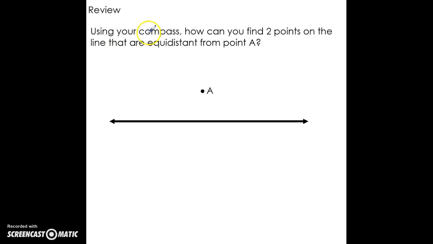Okay, a little review. It says using your compass, how can you find 2 points on the line that are equidistant from point A? So I'll just grab my compass. And remember, your compass, when you open it up, that would be a measurement that you could make that would be equal in different situations. So if I put my compass at point A and I have it make a circle, the circle could cross this line twice.